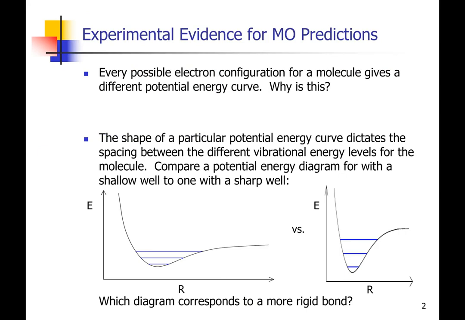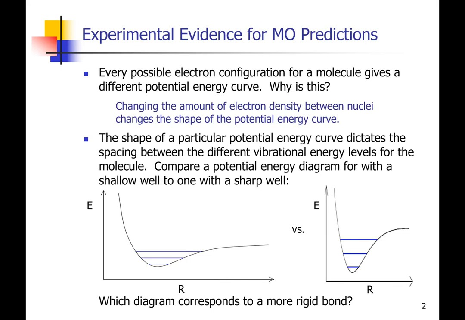Both of those techniques rely on the fact that the shape of the potential energy curve for a bond changes as the amount of electron density between those nuclei changes. So the electron configuration of the molecule changes the potential energy curve.